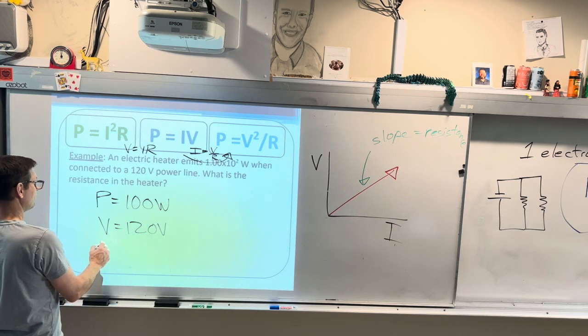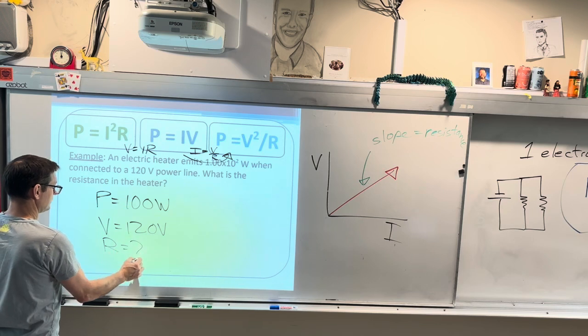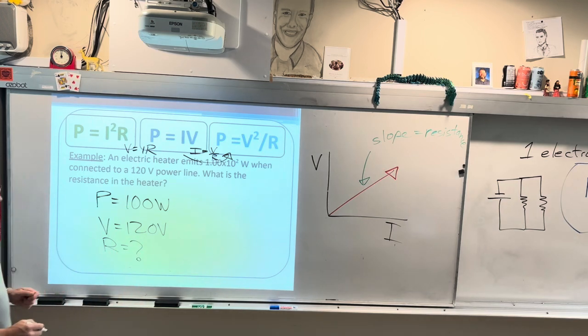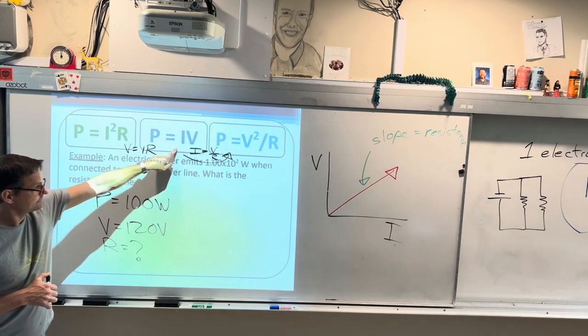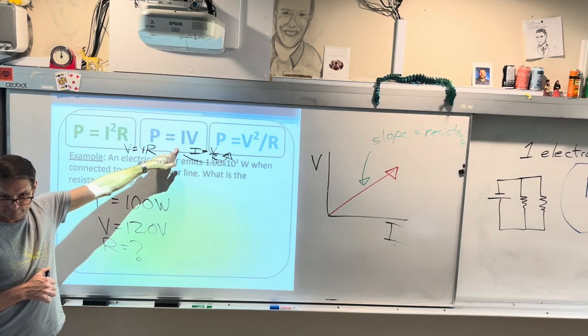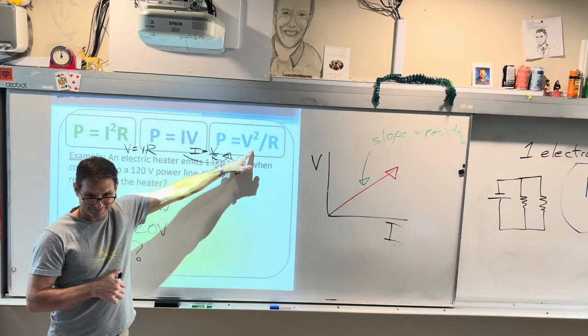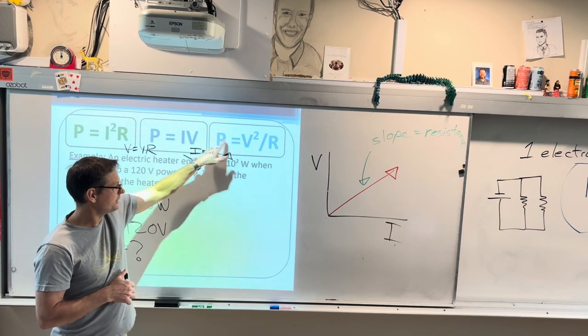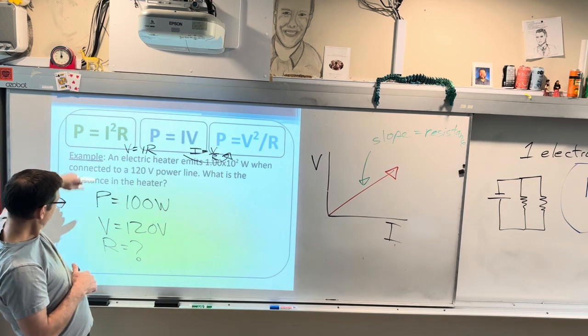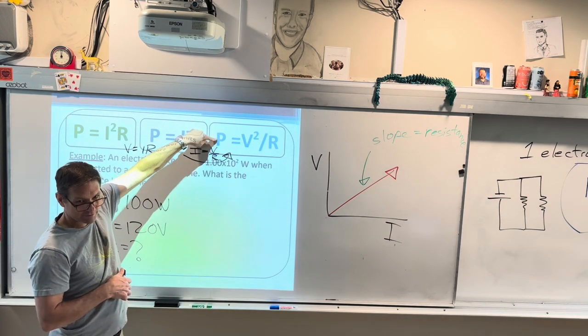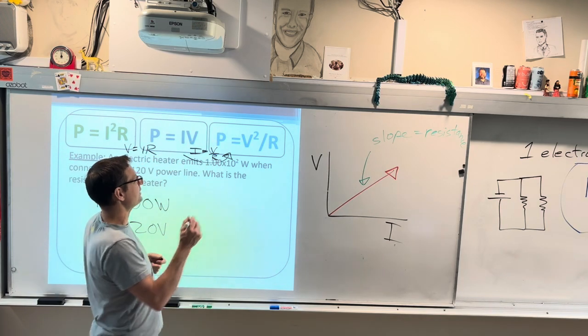Then we're looking for R. Which formula are you going to use? Middle, left, or right? Right? Why the right one? Because we have V and we have P, right? We know P and V. So if we use this one, that's going to give us R. But we're going to have to solve it, right?